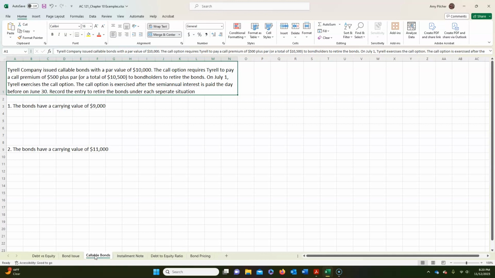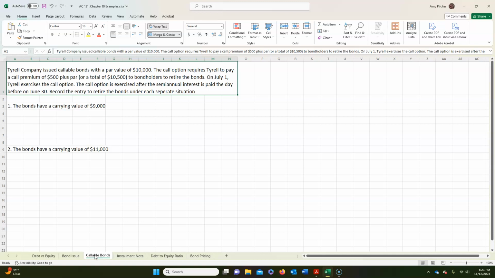When we have this call option, we have to pay a call premium of $500 plus par, or a total of $10,500 to bondholders to retire the bonds. On July 1st, we exercise the call option.